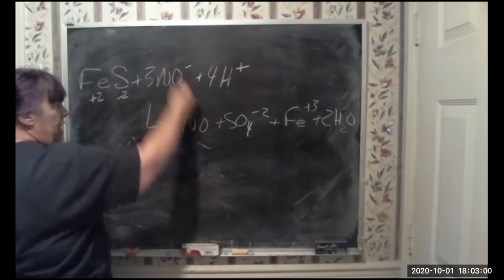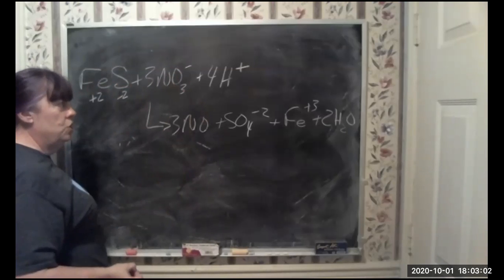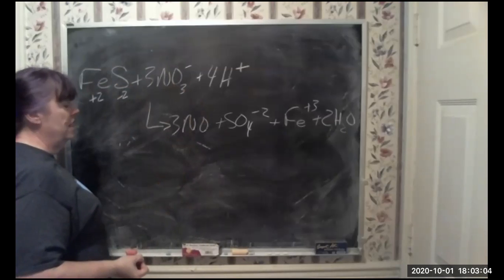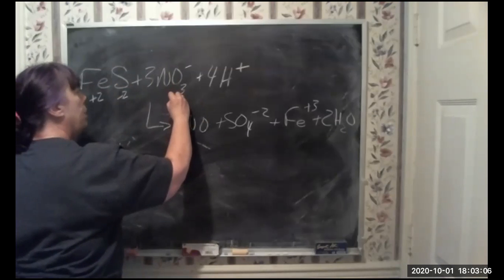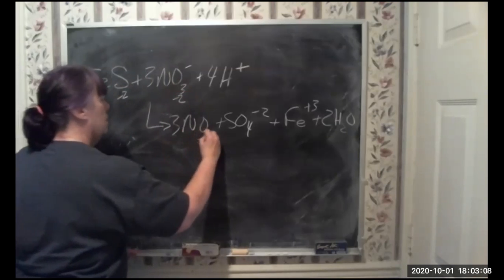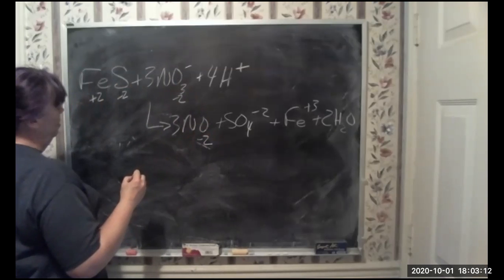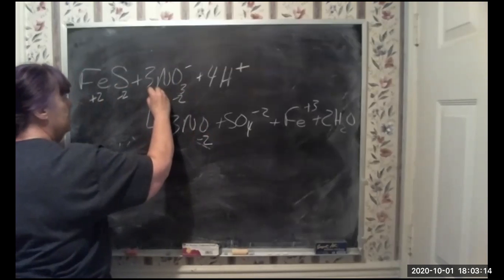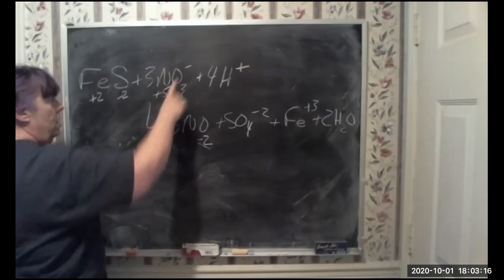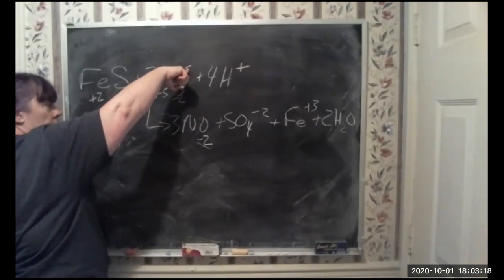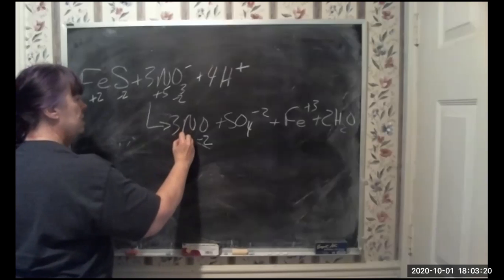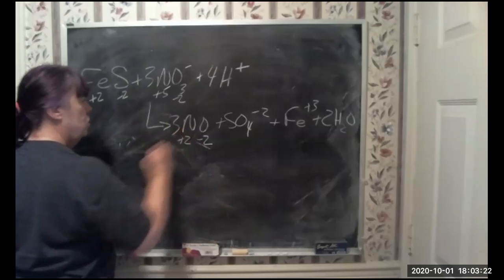This time I can't assume that my nitrogens and my oxygens are just spectators because they changed. But all of my oxygens are -2s. My nitrogens aren't. This nitrogen has to be +5 because I need to have 1 negative left over. This nitrogen needs to be +2.